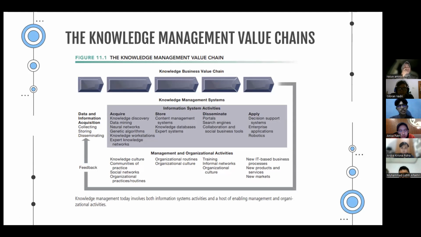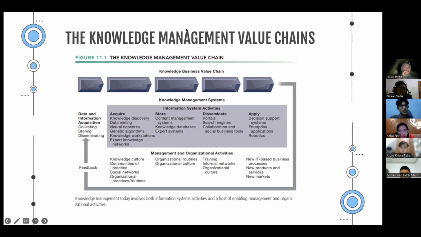Each stage in the value chain adds value to raw data and information as they are transformed into usable knowledge. And in the figure, information system activities are separated from related management and organizational activities, with the information system activities on the top of the graphic and the organizational and management activities below.